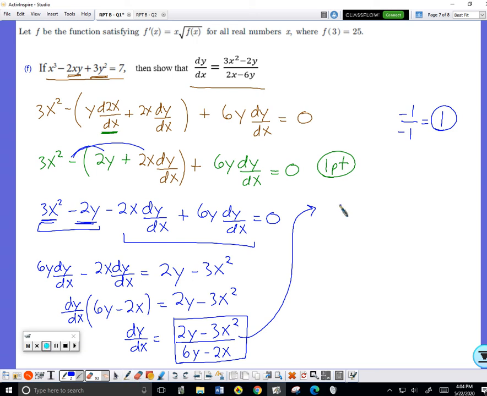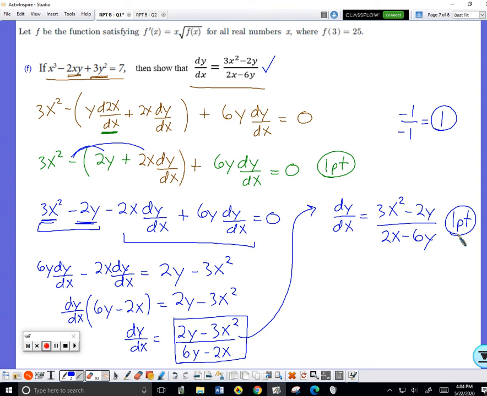Dy dx equals 3x squared minus 2y all over 2x minus 6y, which is what they said I was supposed to show. So I've done that, so I get another point on this problem.